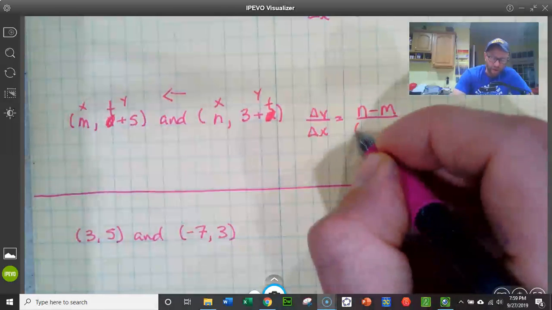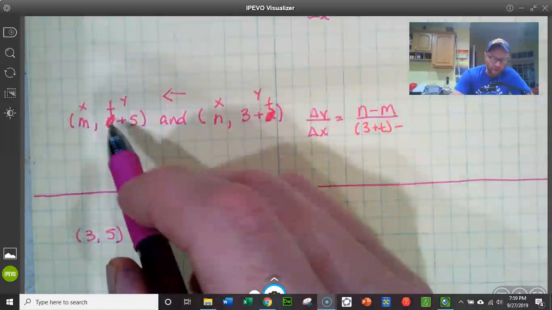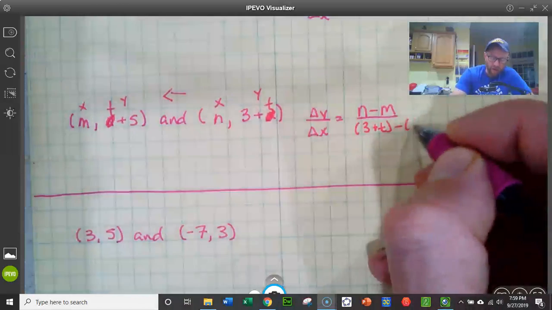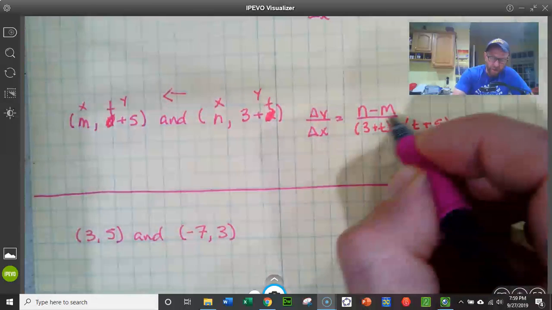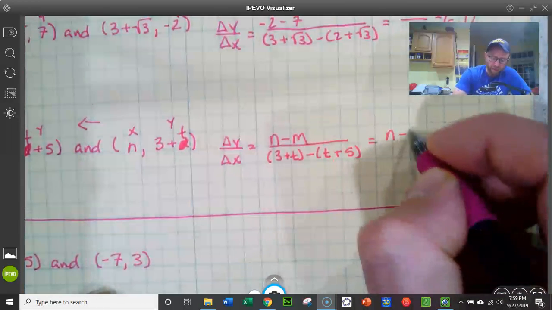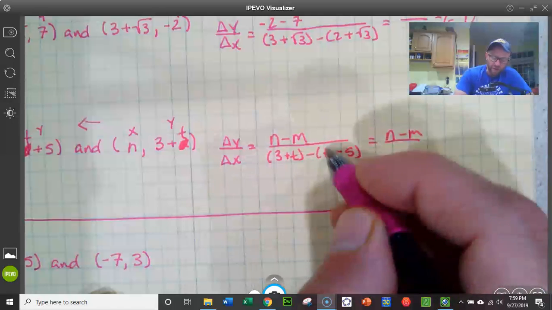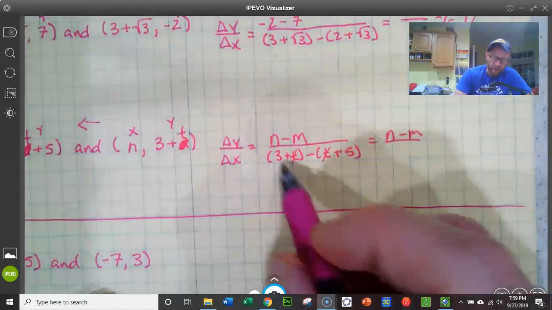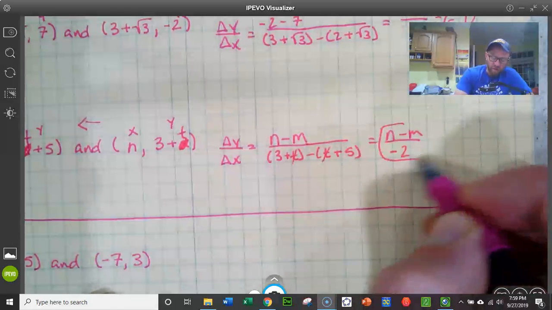So I've got 3 plus t minus (t plus 5). So let's see, n minus m, that can't be simplified anymore. But down here, I've got a positive t and a negative t. They're going to cancel each other out. And I have 3 minus 5, which is negative 2.